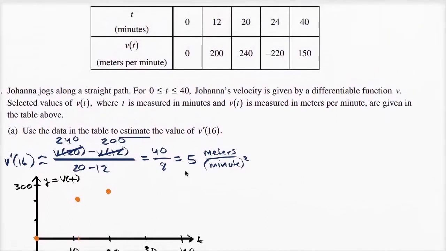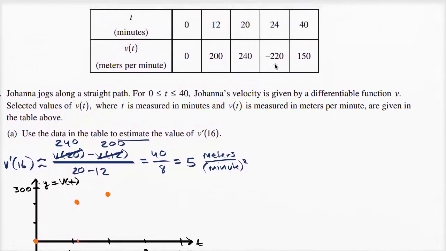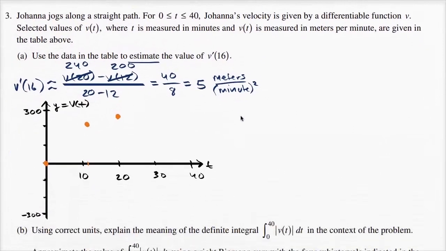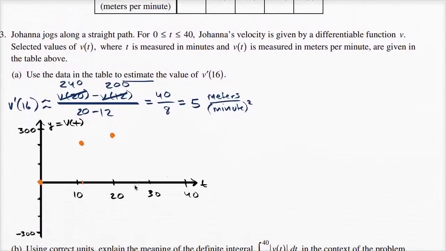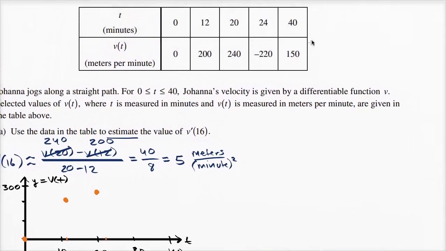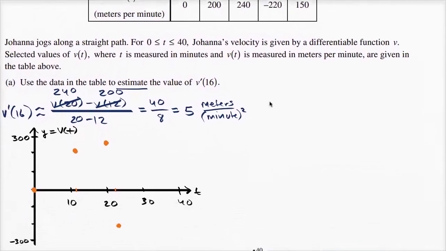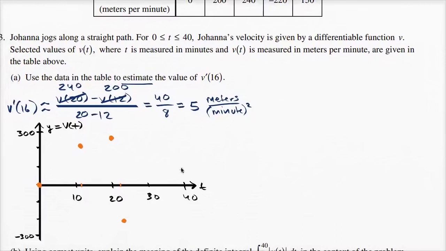And then when our time is 24, our velocity is negative 220, so she switched directions. 24 is going to be roughly over here, and negative 220 might be right over there. And finally, when time is 40, her velocity is positive 150. These are just sample points from her velocity function.